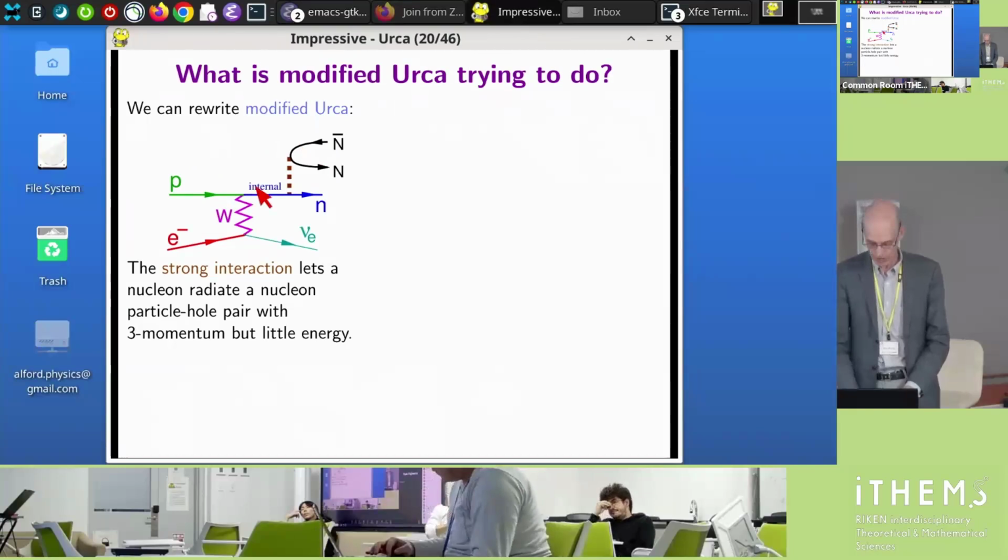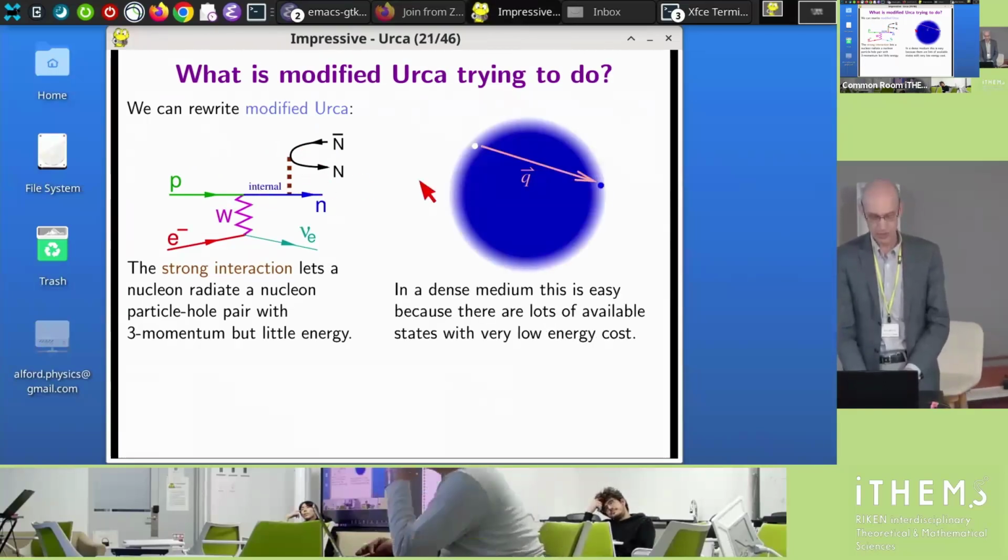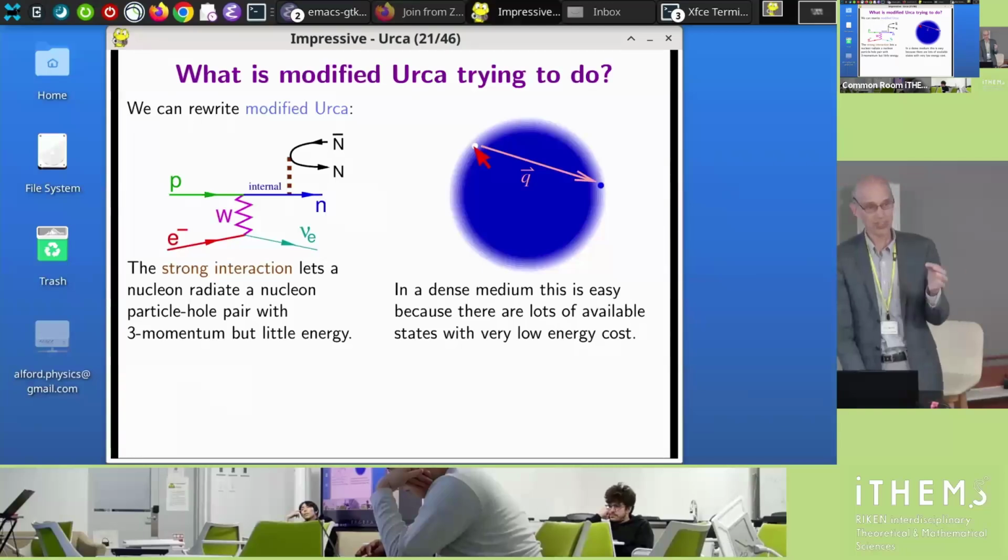You can understand this fairly easily: you collided with a nucleon somewhere near its Fermi surface and created a hole, right? You knocked it out of that state, you gave it some momentum, and you knocked it across to another state, okay, which wasn't occupied. So you created this particle-hole pair.